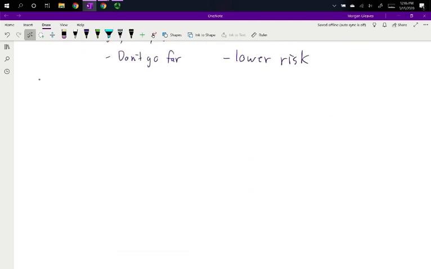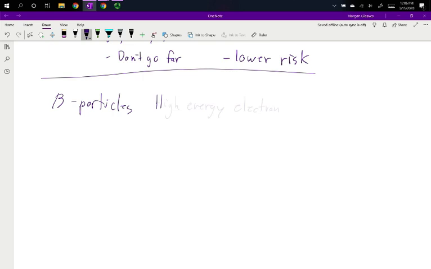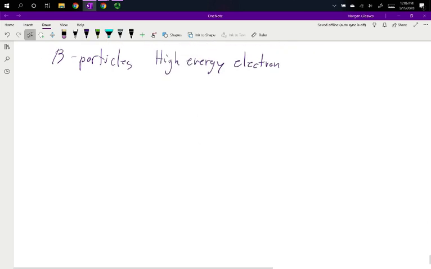Scrolling down a little bit, let's talk about beta particles. Beta particles are high energy electrons. One example, if you have carbon 14, so protons 6, neutrons 8, it breaks into nitrogen 14 and a high energy electron, so a beta particle.